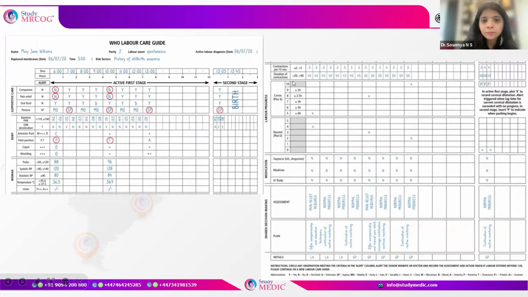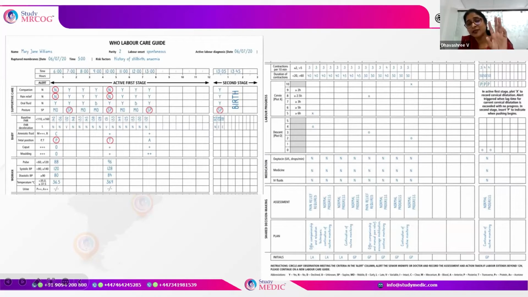In the cervix, this is something very important. Different from the previous, here the active labor starts at 5 centimeters. Every 4 hours we keep monitoring, and at 5 centimeters we mark. If the woman is at 5 centimeters for more than 6 hours, it is abnormal.